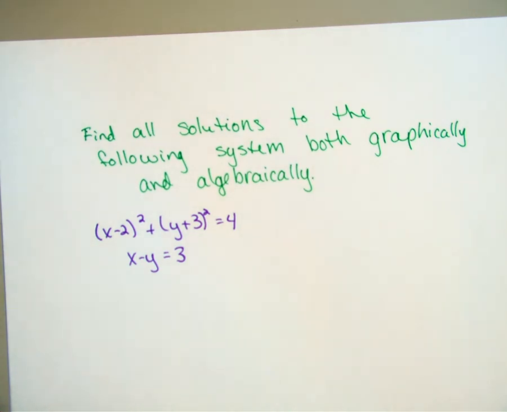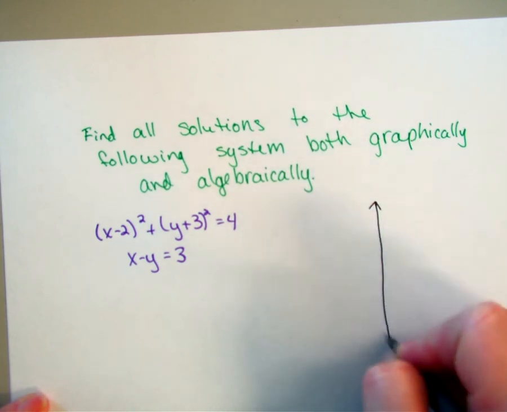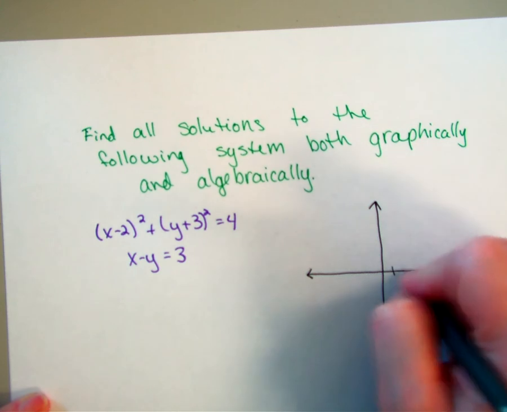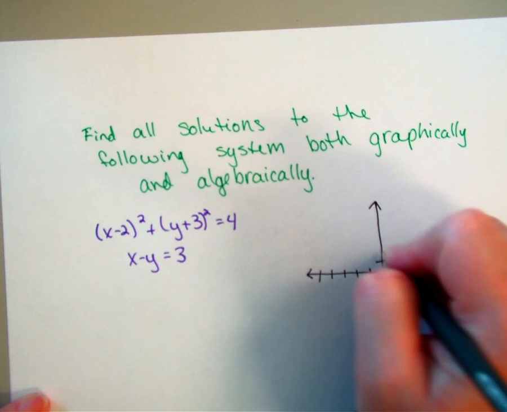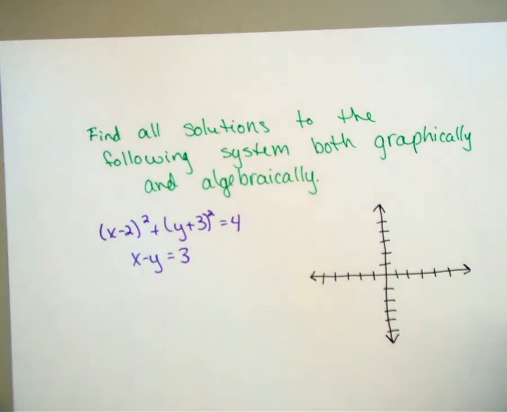Normally I would give you the grid, but this one I'm just going to quickly sketch one. Try to keep your little tick marks there as symmetrical as possible.